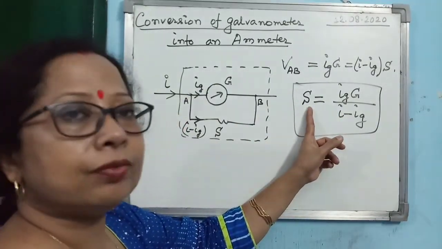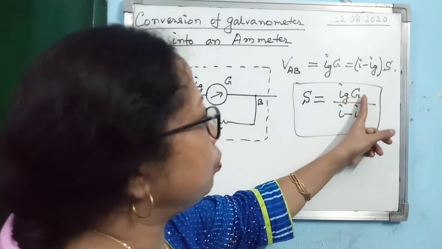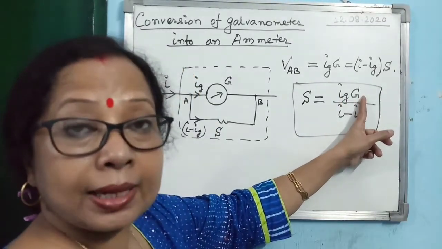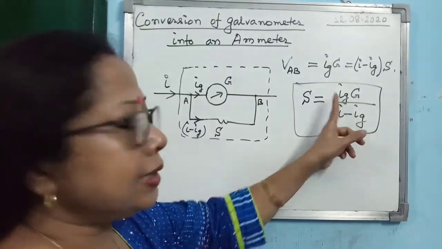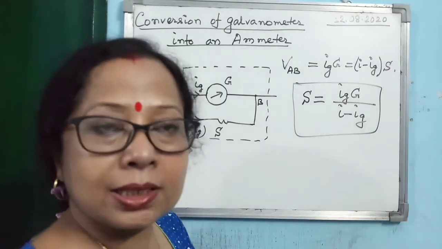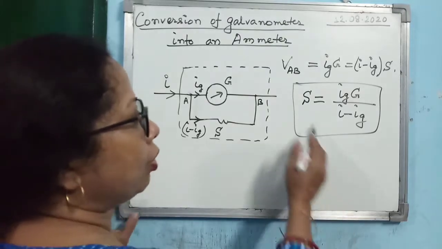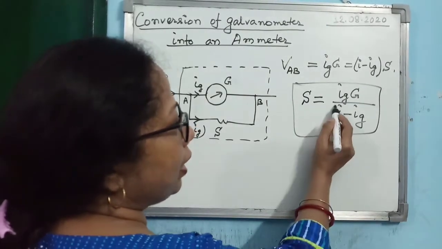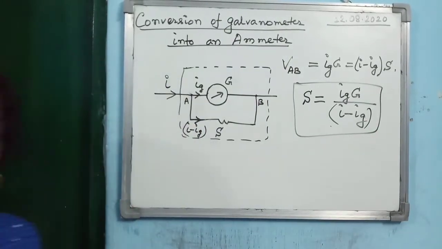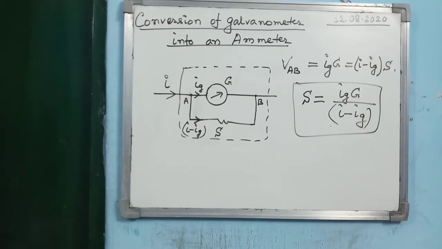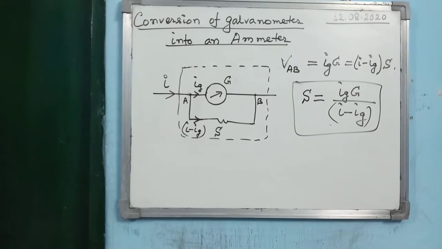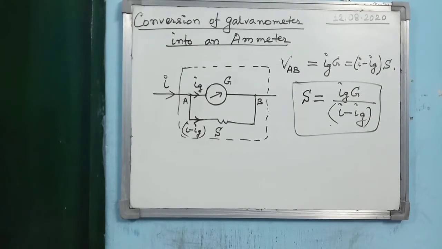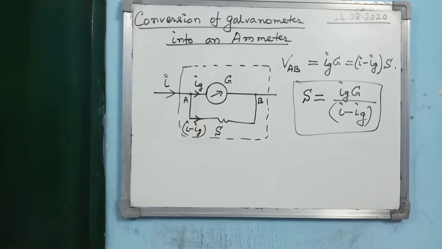What will be the value of the shunt chosen? Ig into G, where G is the resistance of the galvanometer and Ig is the maximum current that can pass through the galvanometer. So S is Ig into G divided by I minus Ig. So this is the way one can convert a galvanometer into an ammeter. So everybody, please learn, remember and practice this diagram and the relation S equals Ig into G by I minus Ig.